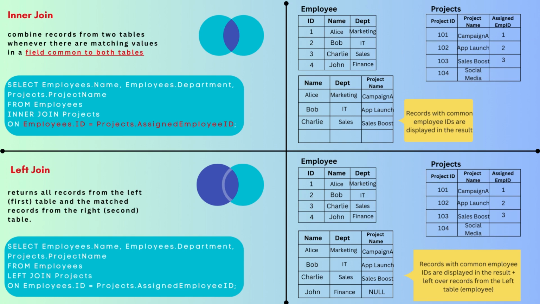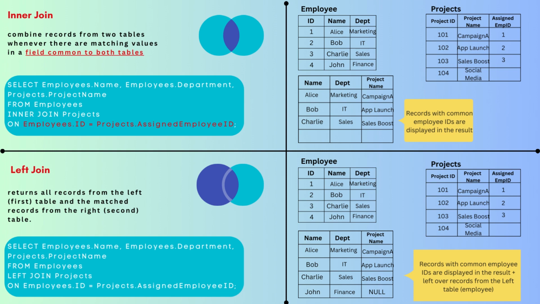For better understanding, let's assume we have two tables, employees and projects. Employees will have employee-specific information like employee ID, employee name, and department. The projects table will have project-specific information like project ID, project name, and assigned employee ID.